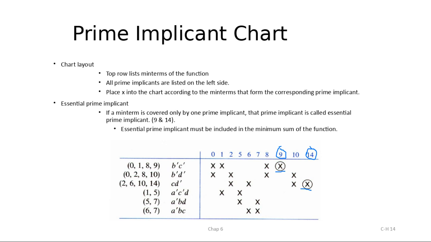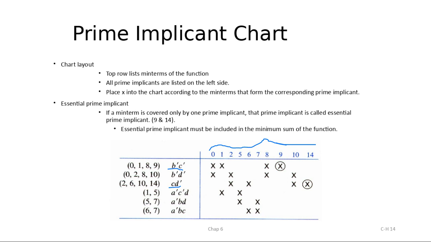So that prime implicant is called an essential prime implicant. That means these two are essential prime implicants, and you have to take them for the result. You have to take this expression to create a result, because there is no other way. You have to use all of the min terms in your results.